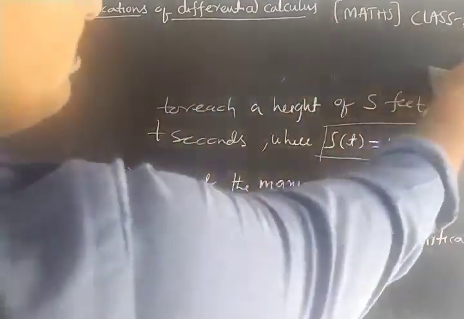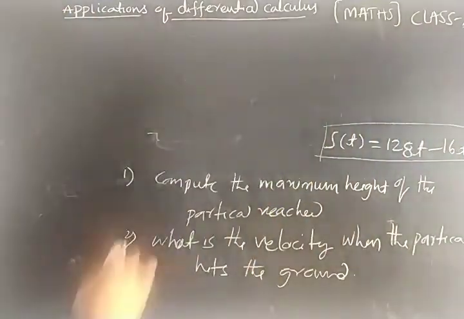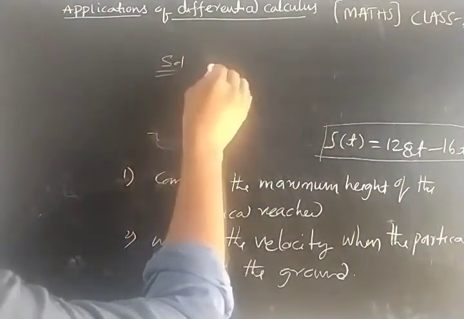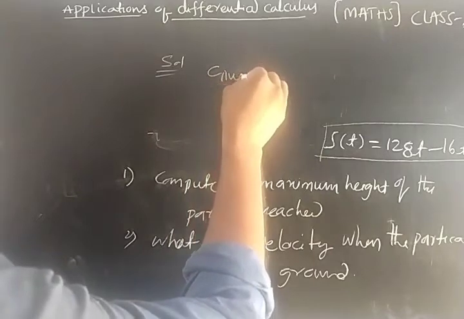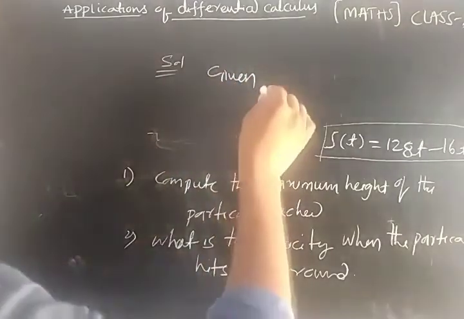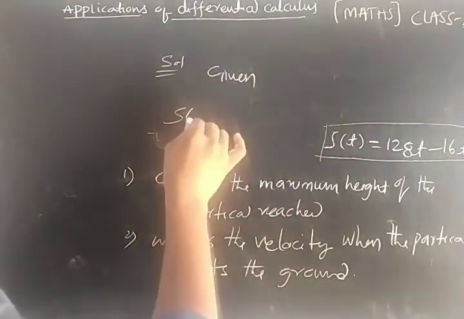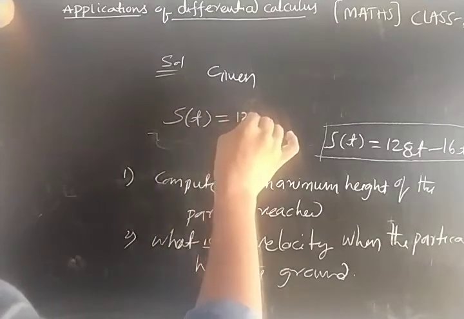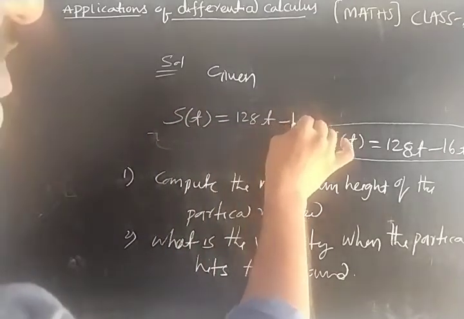Okay. So let me write the given relation. Solution. Given s of t equal to 128 t minus 16 t squared, in feet, for height and time.